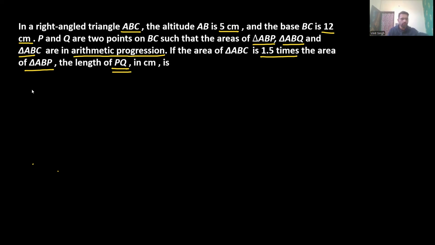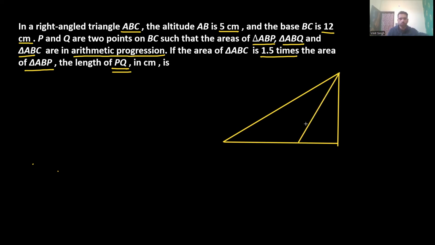First of all, we will make a right angle triangle. There are 2 points on BC.